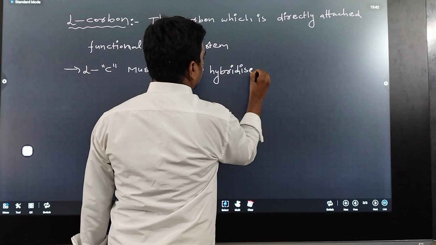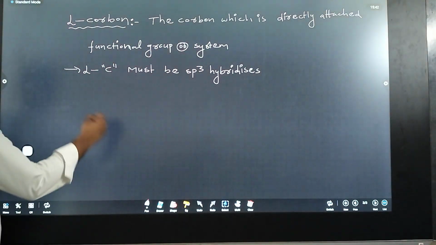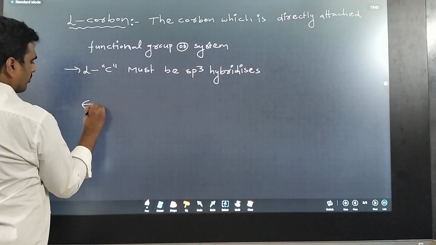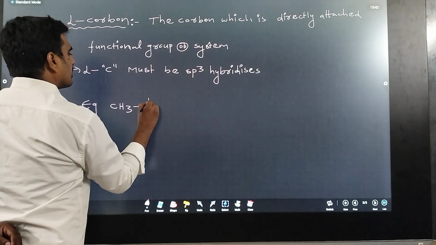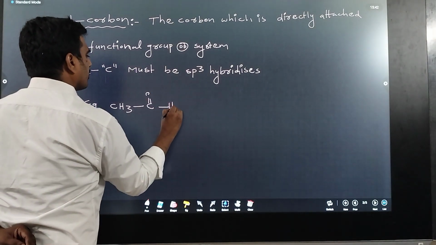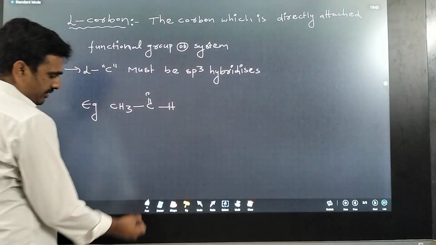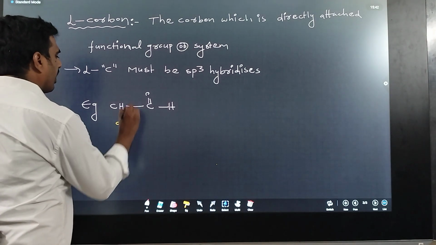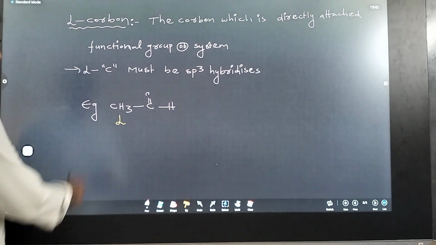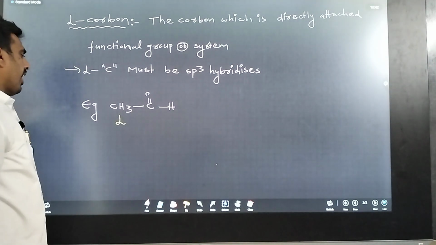For example, CH3 C double bond O H. Here which is the functional group? The functional group is aldehyde. The adjacent carbon is the alpha carbon, and its hydrogens are called alpha hydrogens.